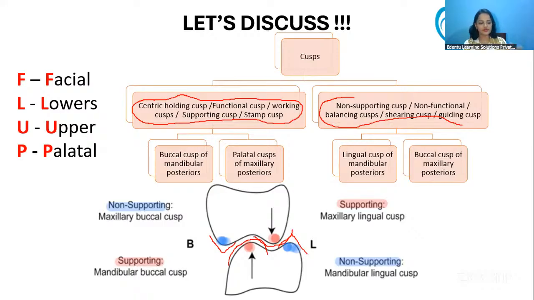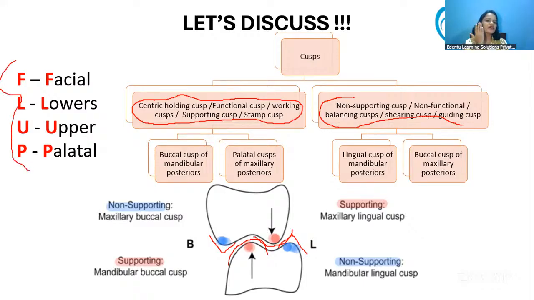I think you got an idea about the supporting and non-supporting cusps. The supporting or functional cusps are also called stamp cusps, whereas the non-supporting or non-functional cusps are just for guidance. How can you remember? It's easy to get confused between them, so just remember this mnemonic for the supporting cusp alone: FLUP.